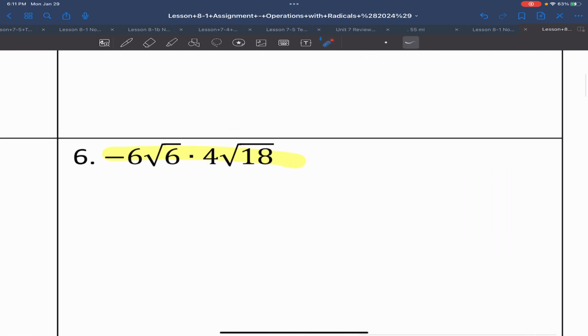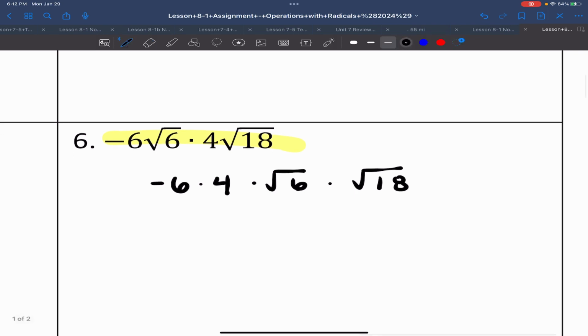Number 6, we're going to multiply the coefficient to coefficient. So it's negative 6 times 4 times the square root of 6 times the square root of 18. So then, okay, well, I have negative 6 times 4 is 24, negative 24.